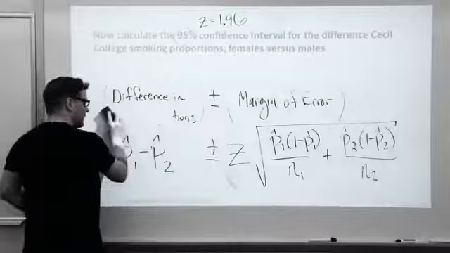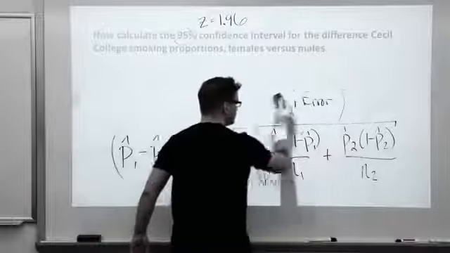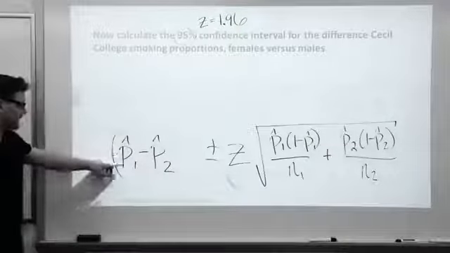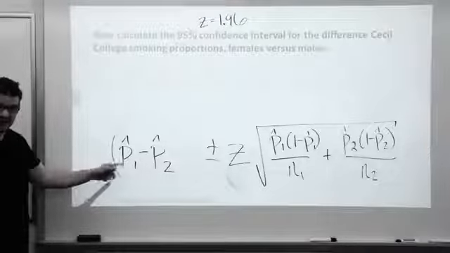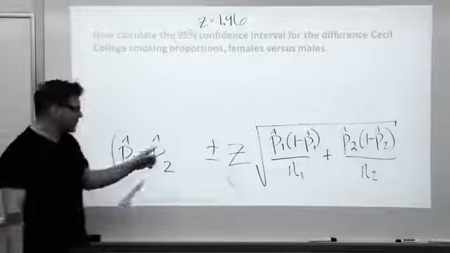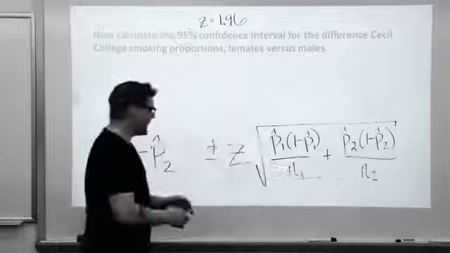Here's what I'm going to do. I'm going to go upwards here so we can leave the formula on the board. Everywhere we see a p hat 1, that's the females, 25%, 0.25. Every time we see p hat 2, that's the males, 0.2. The z number 1.96, and our 2 sample sizes.